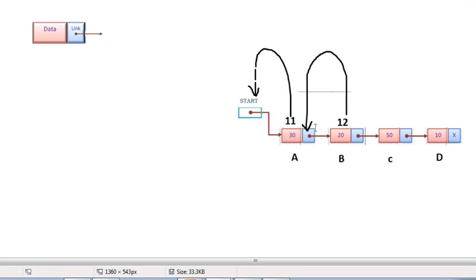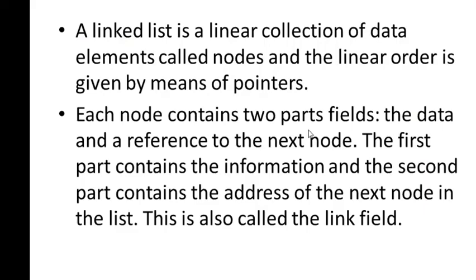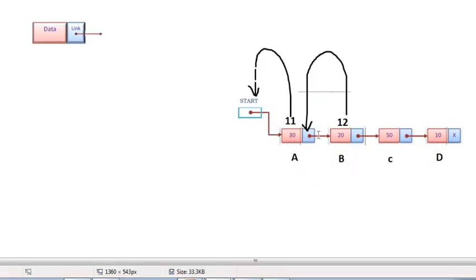A linear collection of data elements called nodes A, B, C, D, arranged in a linear fashion. This is the linear order, given by means of pointers. With the help of the pointers, these nodes are connected to each other in a linear manner.